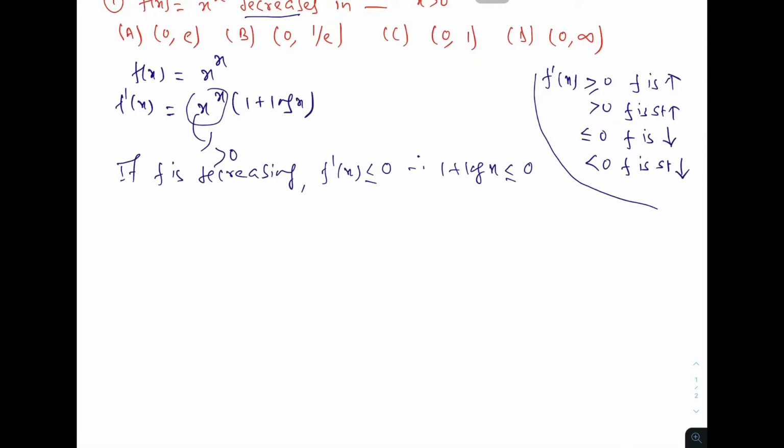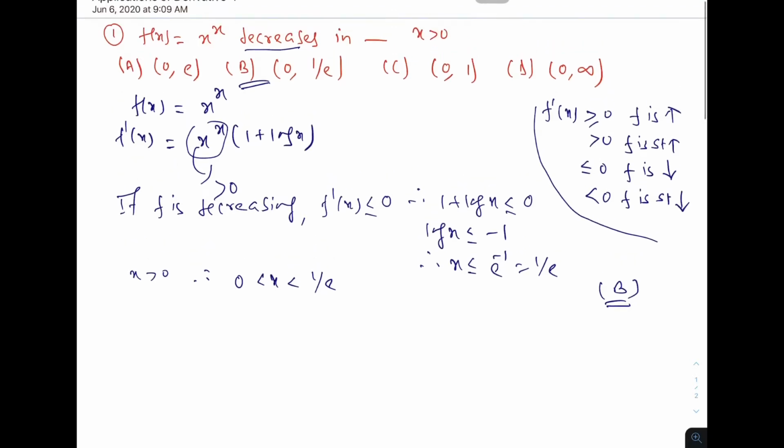So log x should be less than or equal to minus 1, and therefore x should be less than or equal to e power minus 1, and because x is positive, our answer is (0 to 1 upon e). So B option is the answer. Here it is written decreasing, so we write less than or equal to, but we need to answer as per the given options.